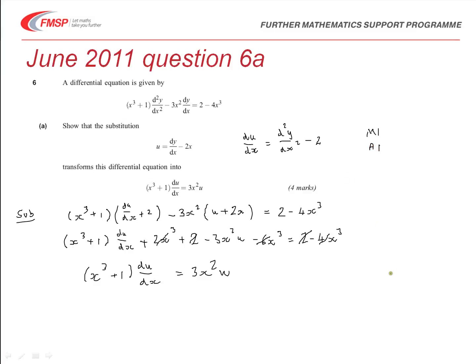Then substituting everything in to the second order differential equation, doing that correctly will give you a mark, and then reducing it down to the final answer will give you the 4th mark. So there's your 4 marks in part A.